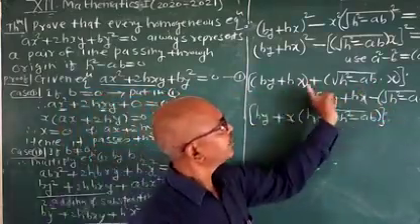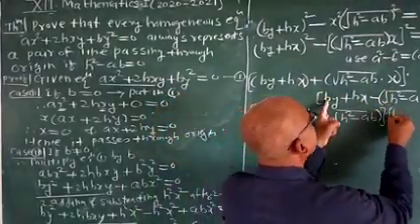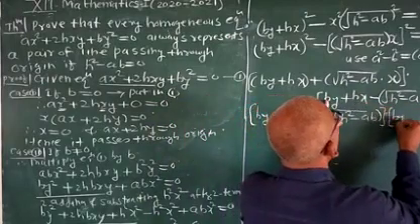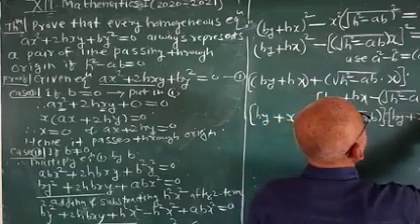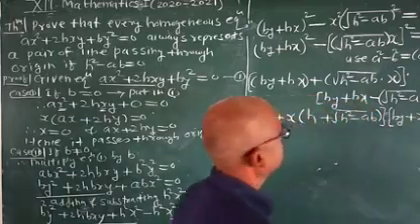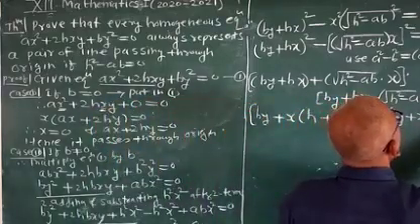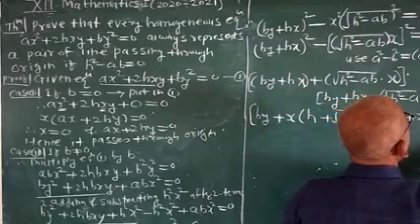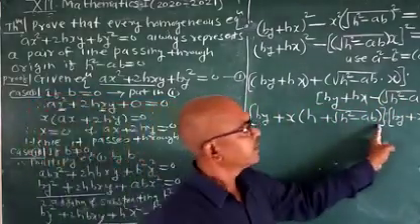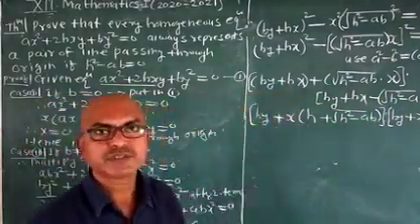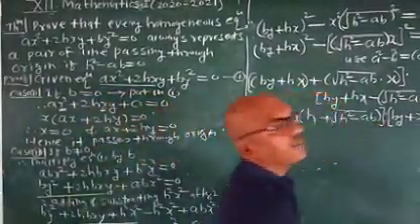Into the second bracket, by plus x variable common, h minus root of h square minus ab, is equal to 0. This bracket into this bracket being 0 means this is the combined equation. The separate equations are this bracket 0 and the second bracket 0.